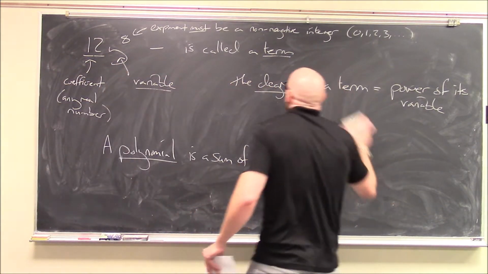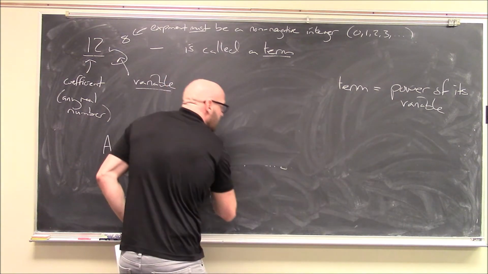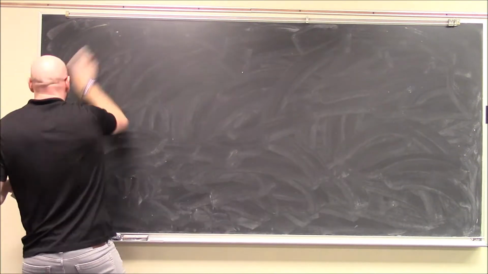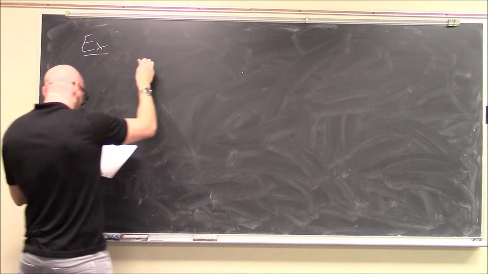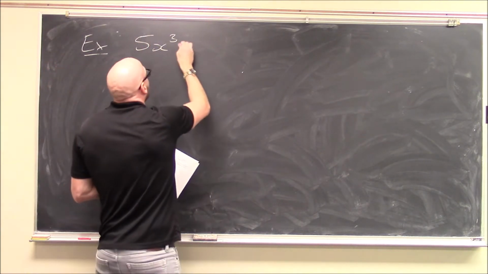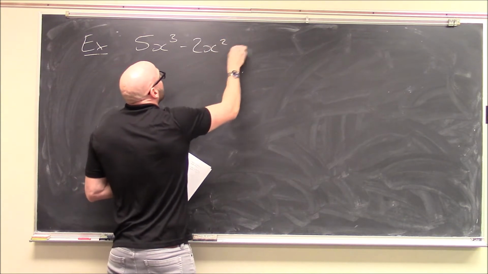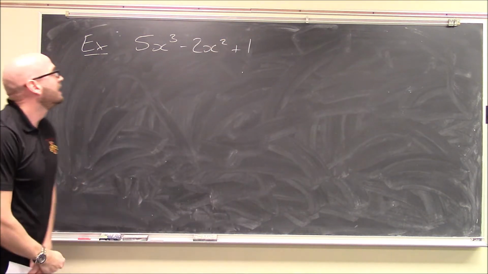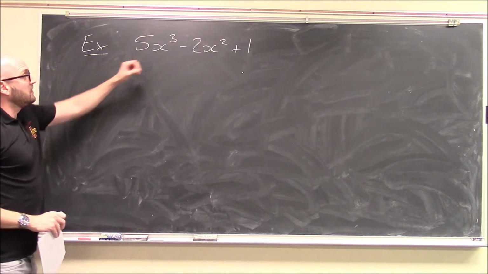So for example, I'm going to erase this and write down a few examples. Alright, so for example, let's go 5x cubed minus 2x squared plus 1. Each of these individually are terms.